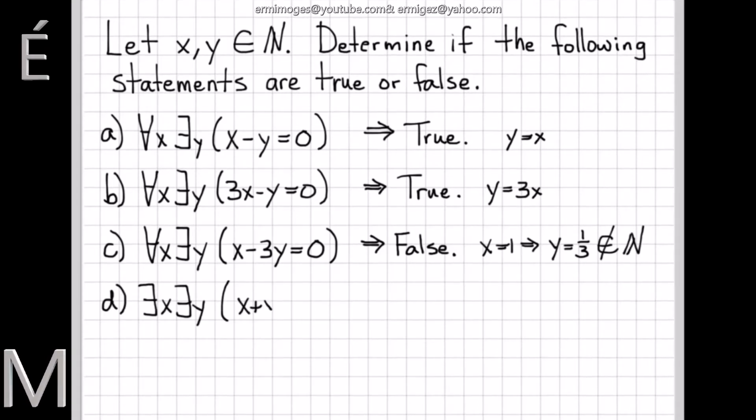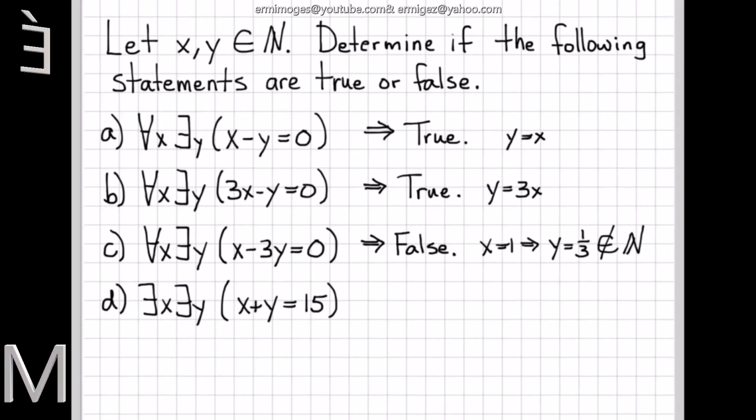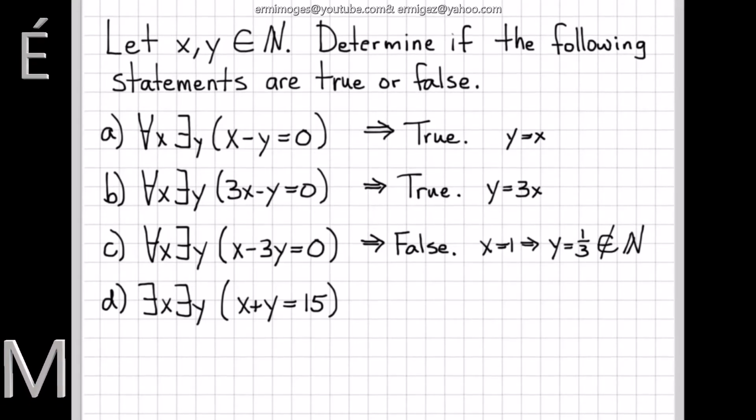Okay, let's look at another one. D. There exists an x and there exists a y such that x plus y equals 15. So this is an existence proof. We just need to come up with one value for x and one value for y to make this statement x plus y equal 15. Is this true or false? Well, obviously this is true. And it's true in lots of different ways.